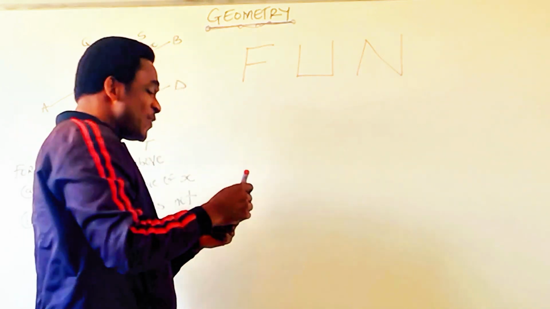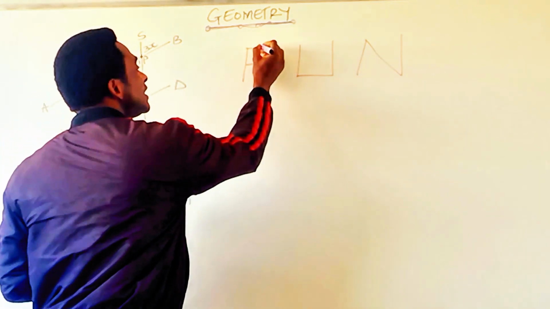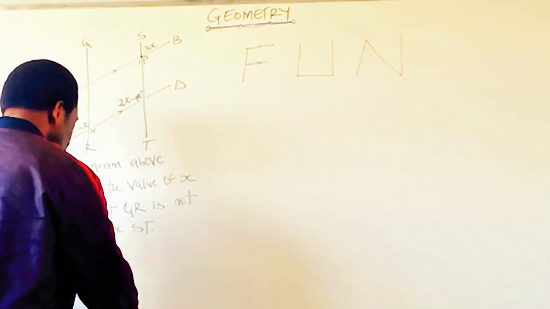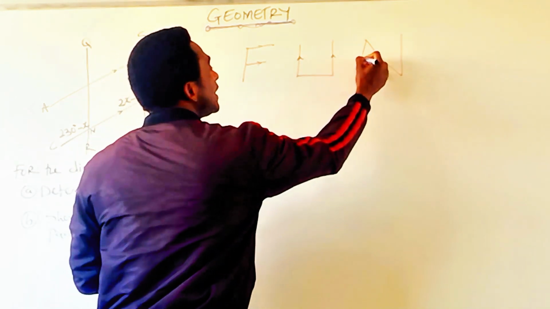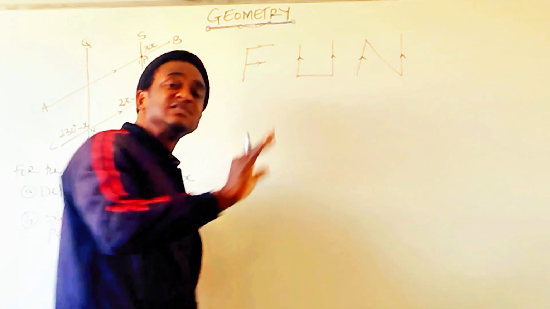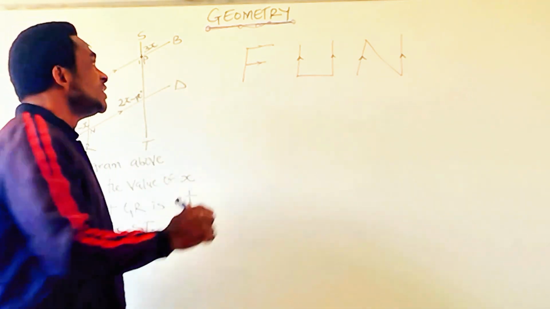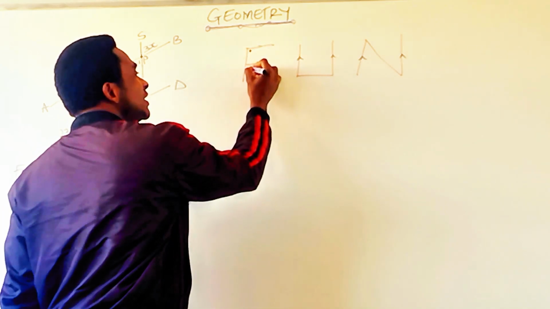It means that when we have two parallel lines, we look at basically three conditions. If I have a parallel line here and here, F represents this.